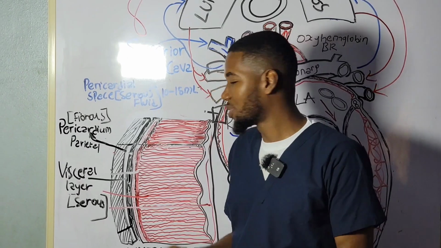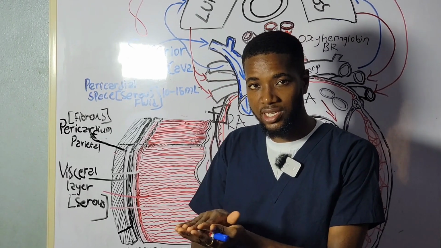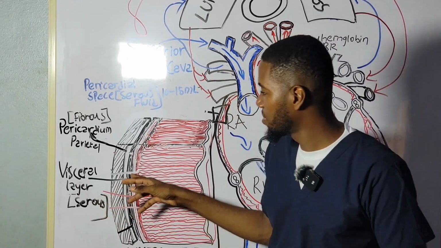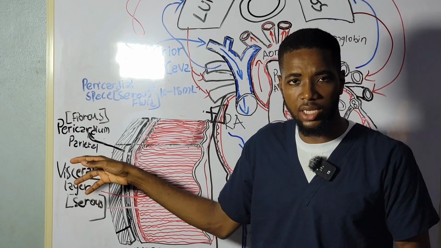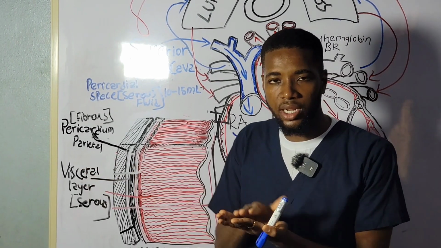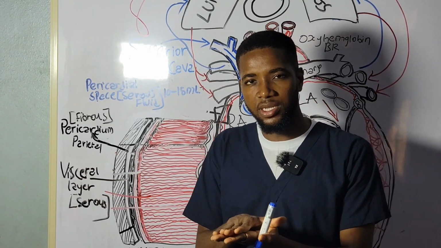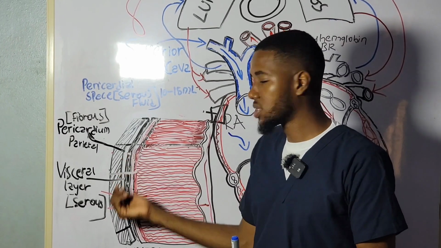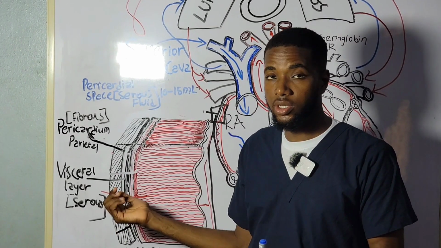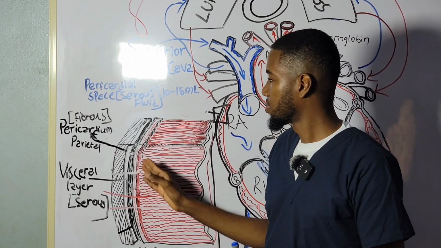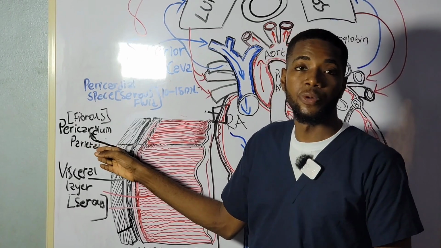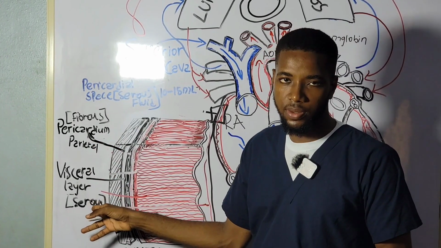The reason for this is the water. It's the same thing between the pericardium and your heart. The reason you are not feeling sharp pain is because of the serous fluid between the parietal layer of the pericardium and the visceral layer of the pericardium.